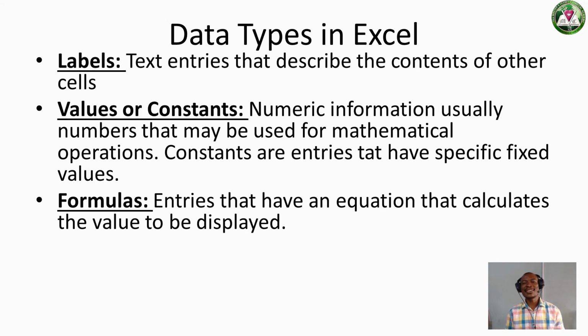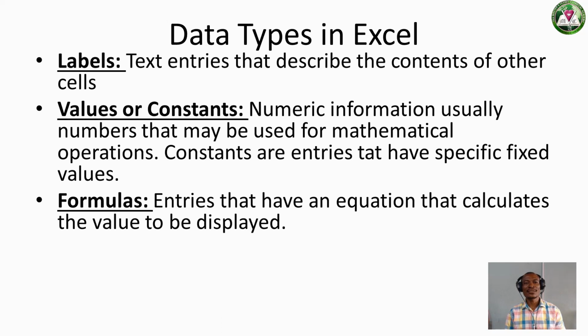Constants are entries that have specific fixed values. Numeric information, that is numbers, whose values are fixed.